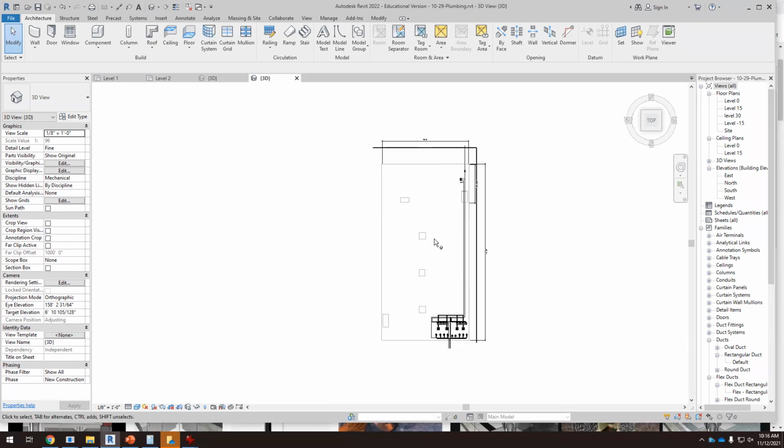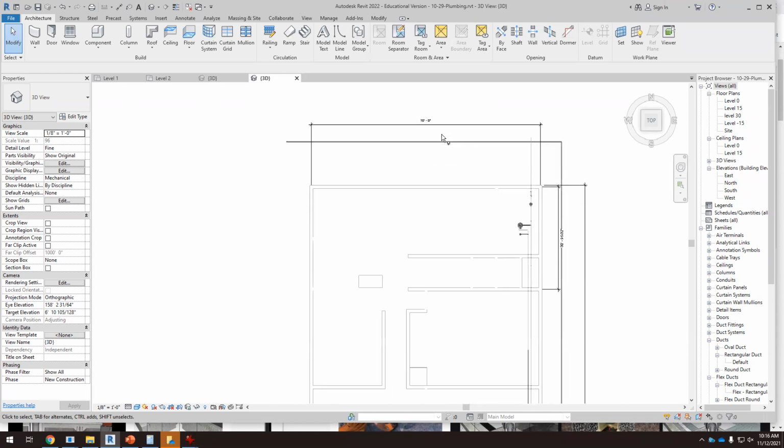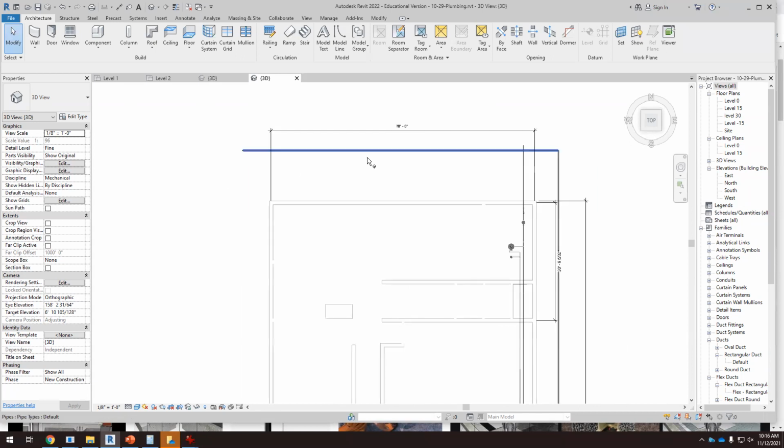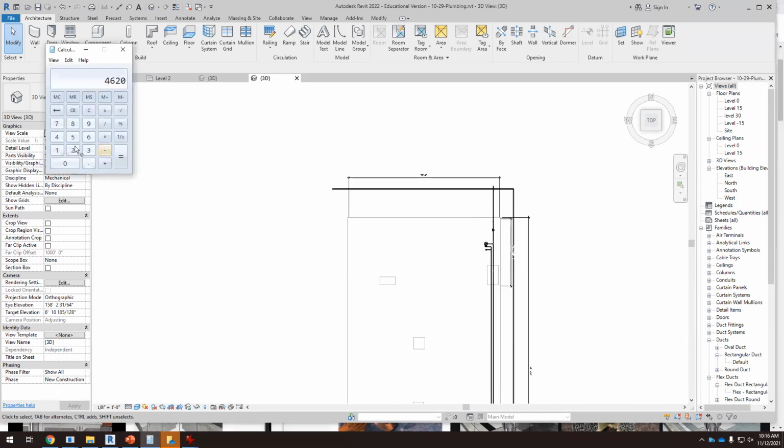So the first thing we have to decide is how many vertical pipes we have to collect water from the rain. If we have a building 70 by 140, what is 70 times 140? It's 9,800 square feet. So it's almost 10,000 square feet.